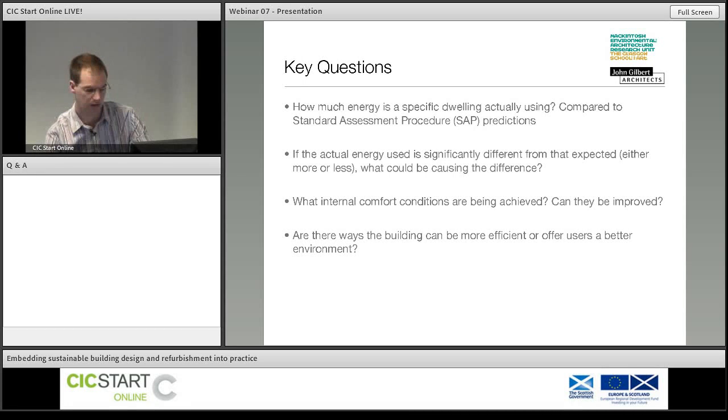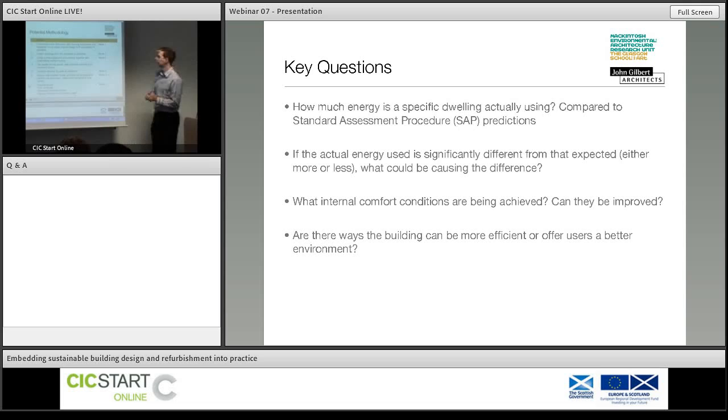So, the methodology that we arrived at and then tested on these 8 different houses is really a 7-stage process. The first part is coordination with the housing association and the residents.